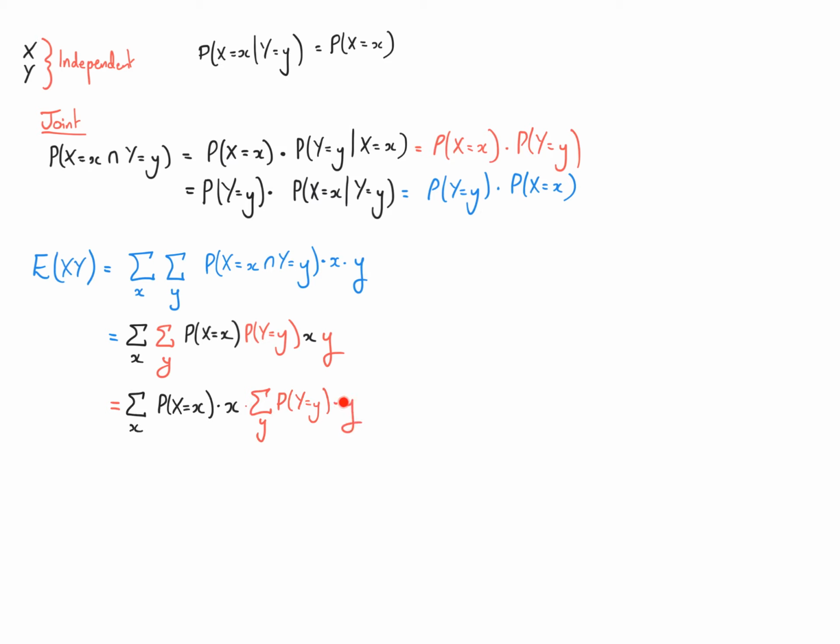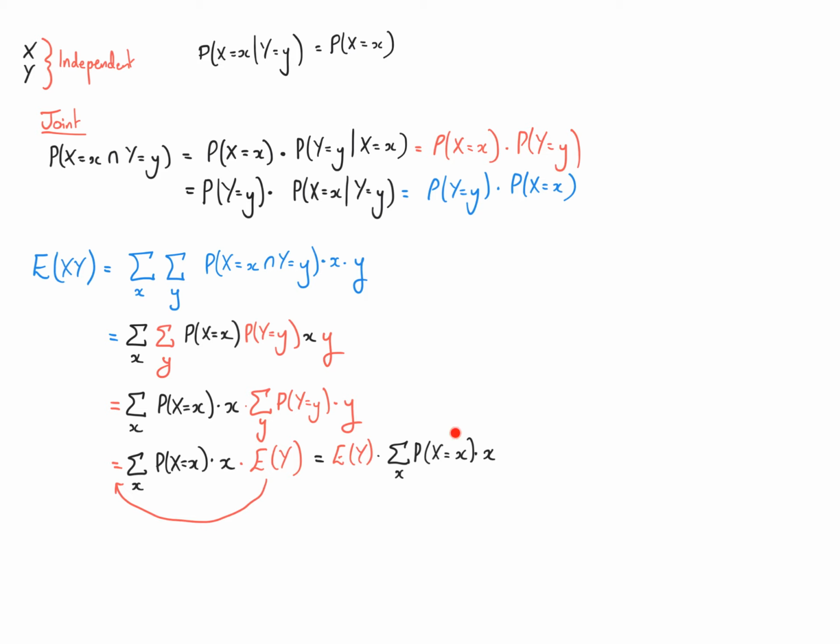But we know that this term here is just equal to the expectation of y, so we can rewrite this again as the sum over all values of x of the probability that x is equal to x times x times our expectation of y, which is a constant, which can be taken outside of the summation, giving us the expectation of y times the sum over all possible values of x of the probability that x is equal to x times x.